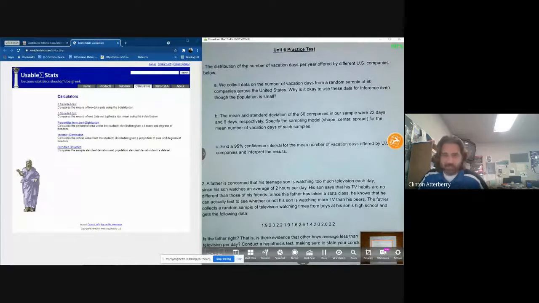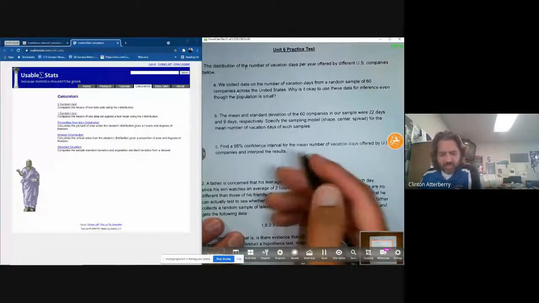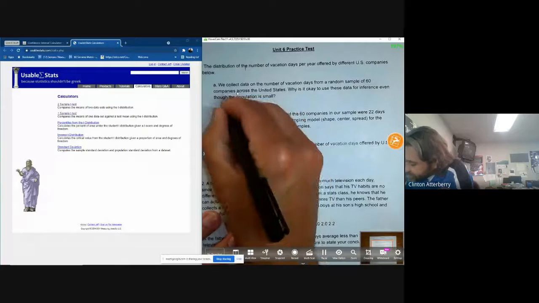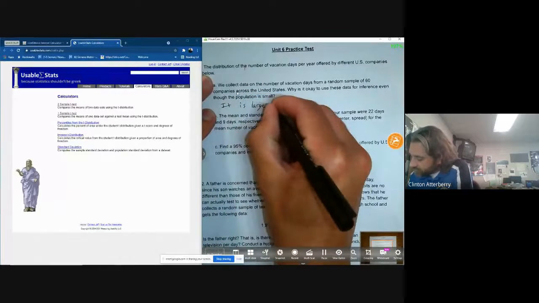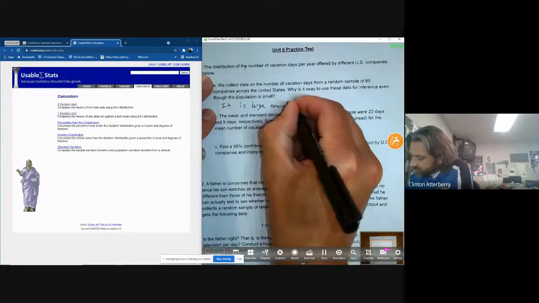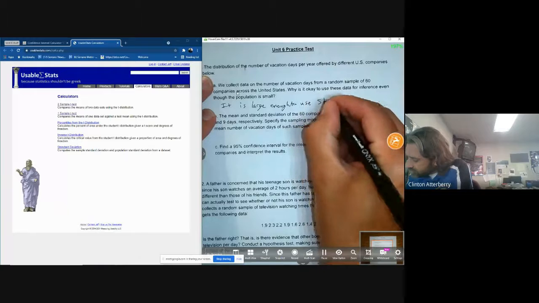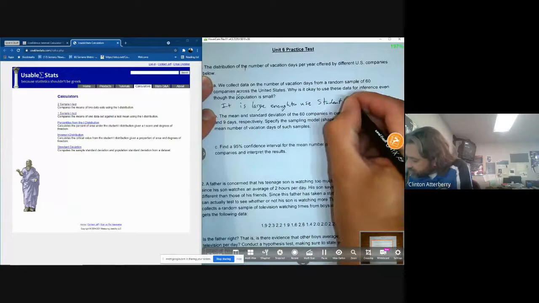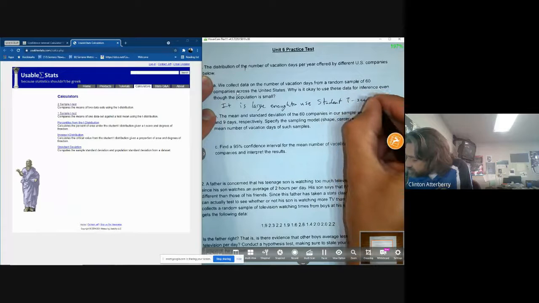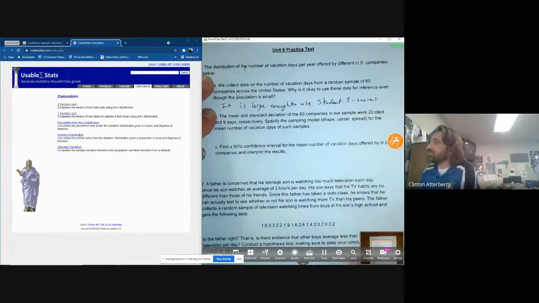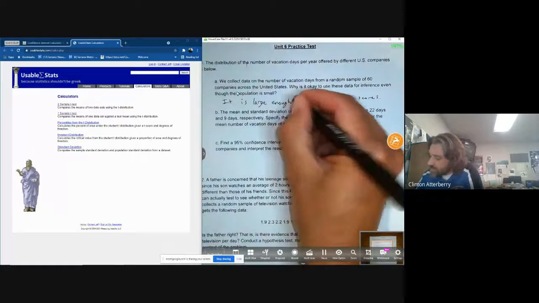Ideally, though, you want as much as you can get, but it's large enough to use student t-scores.